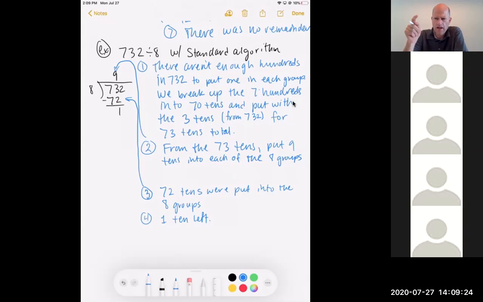Right. Always check, because if this number is bigger than this one, then that means you have another group you can take out of 8, if it was like 9 or 10 or something. So check that. Because you have to break that up into smaller places. We have 1 ten left, we're going to break that up into 10 ones, and put it with the 2 ones from the 732.